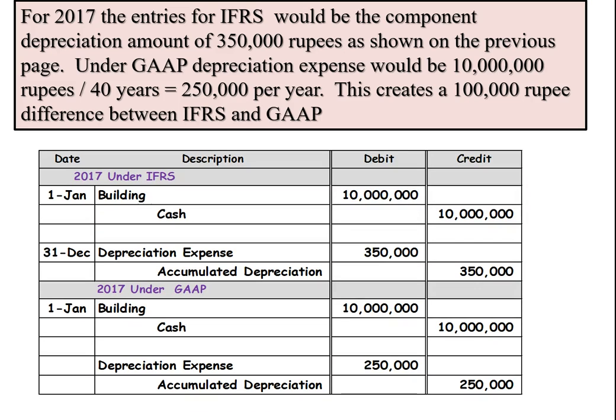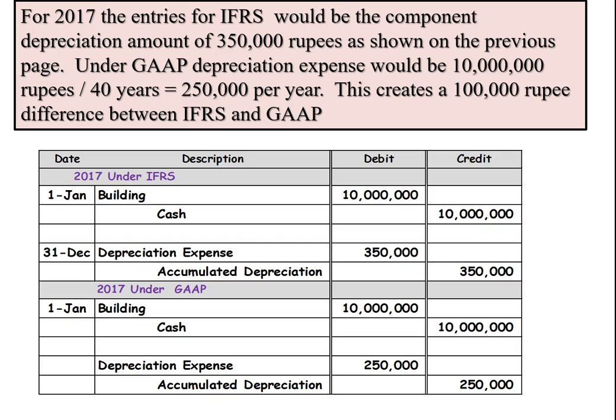So here are the journal entries. For 2017, under the international standard, recording of the purchase of the building and the cash would be the same under GAAP and the international standard. However, our depreciation expense is different. So for the international standard, it's 350,000 based on the previous slide.